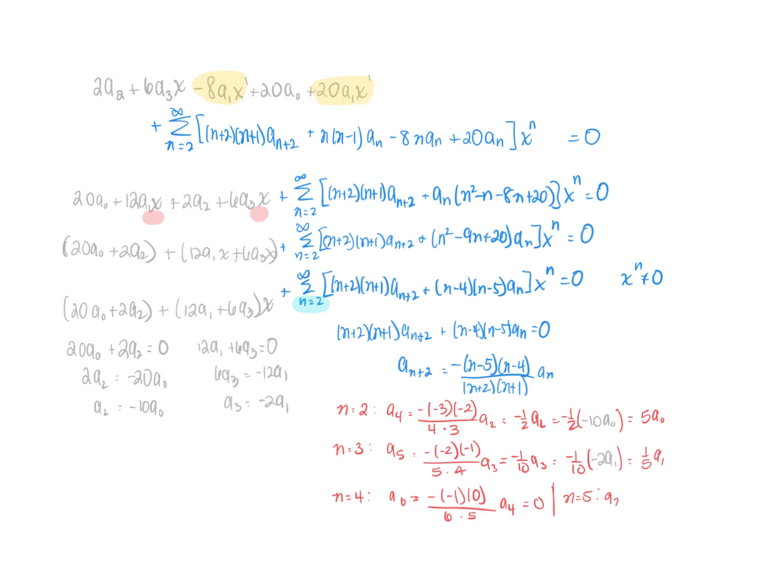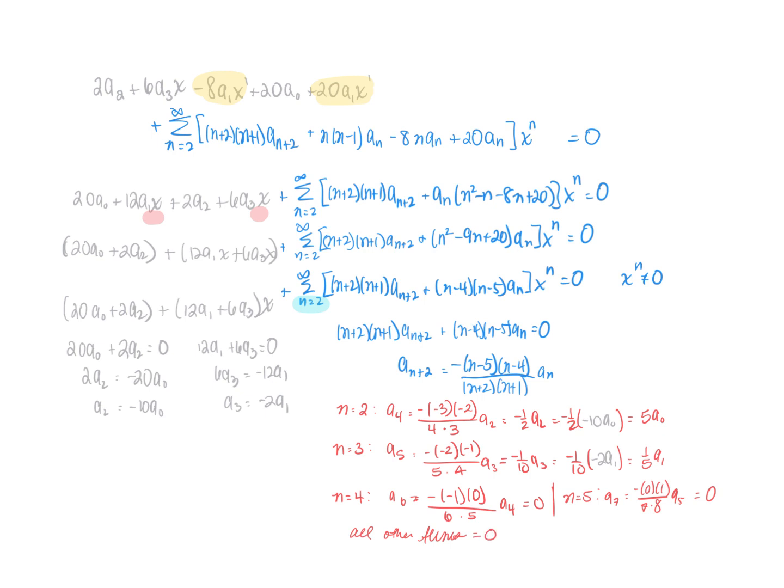We're going to get a sub 7 is equal to a negative times 0 times 1 over 7 times 8, a sub 5, which is 0. And then remember now, at n equals 6, that's going to rely on n equals 4, or a sub 4, which is 0. So all other terms, now, since they depend on these two, they're all 0.